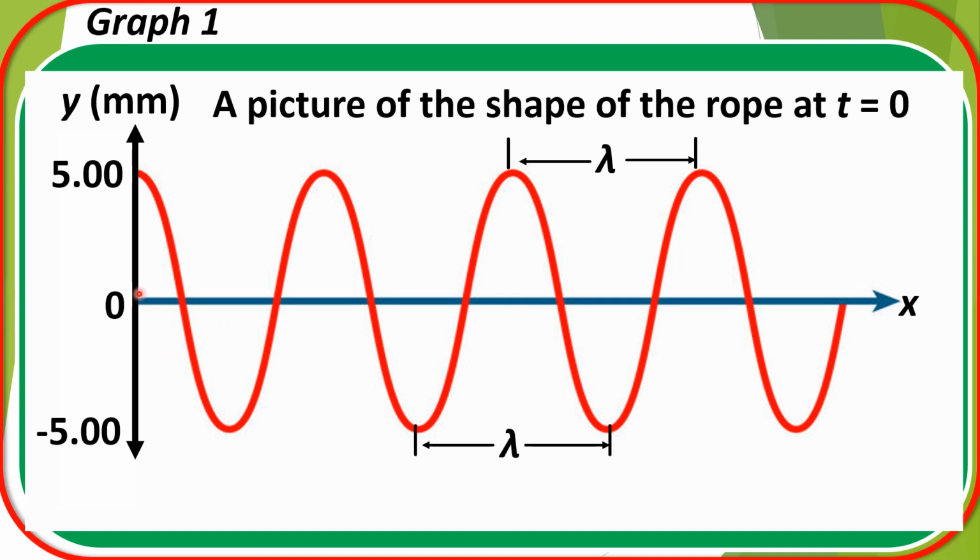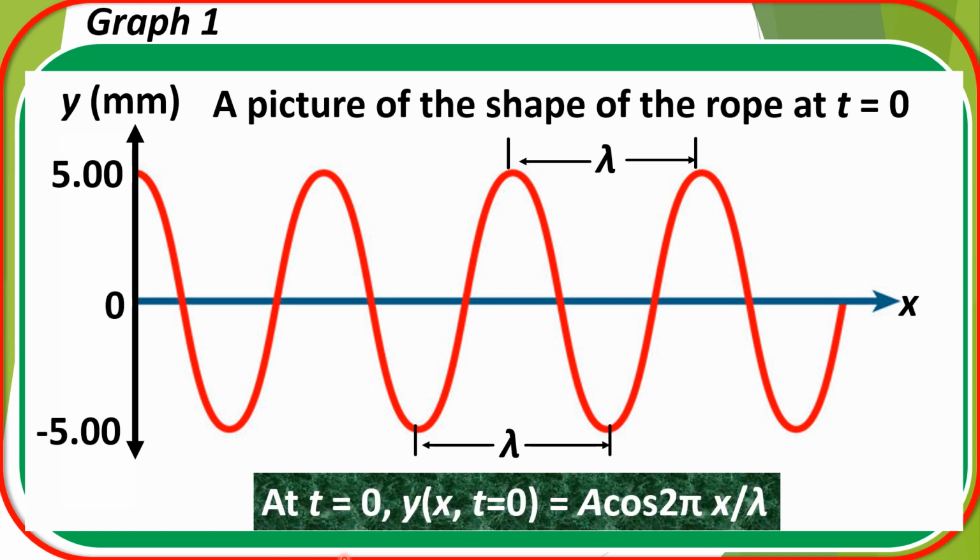So at time t equals 0, the wave function may be expressed as y of x at time equals 0. One form of the wave function is A, which is the amplitude, multiplied by cosine 2 pi x over lambda, where lambda, of course, is the wavelength.